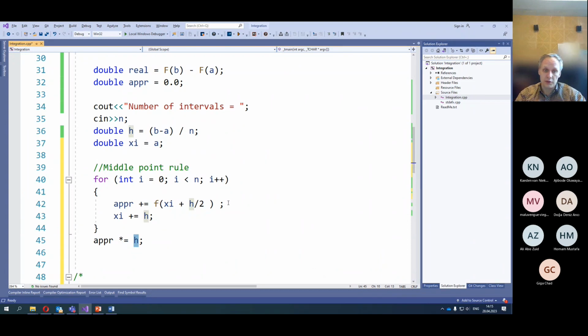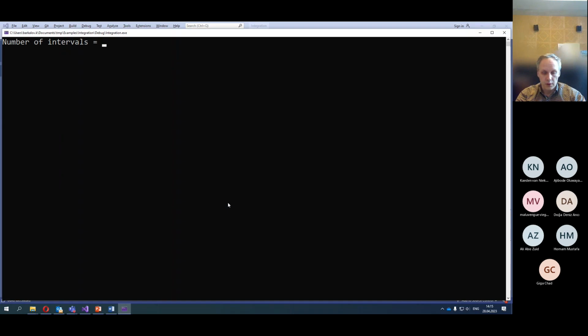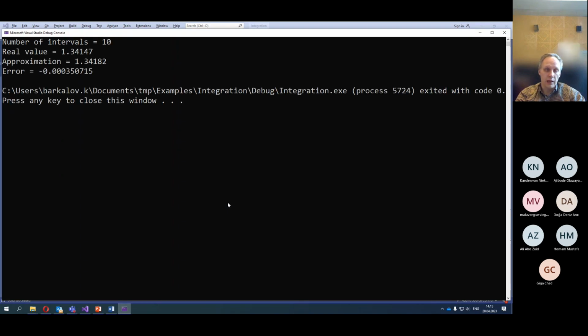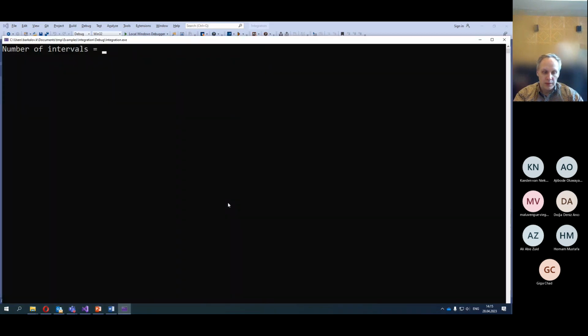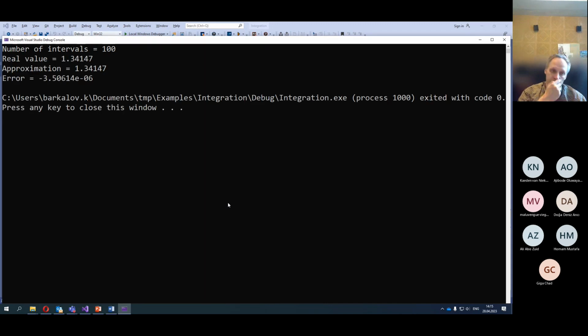Let's check this third formula. If the number of intervals is 10, the error will be minus 3 times 10 power minus 4. If we select the number of intervals equal to 100, the error will be minus 3.5 times 10 power minus 6.